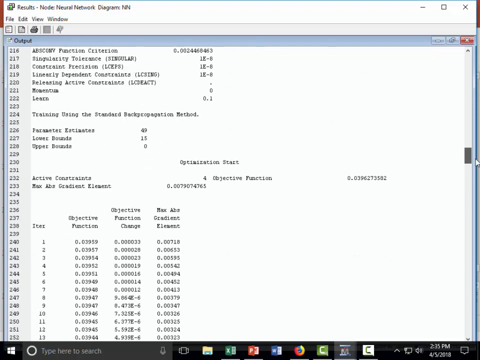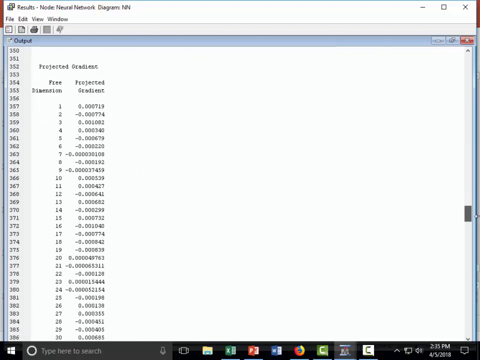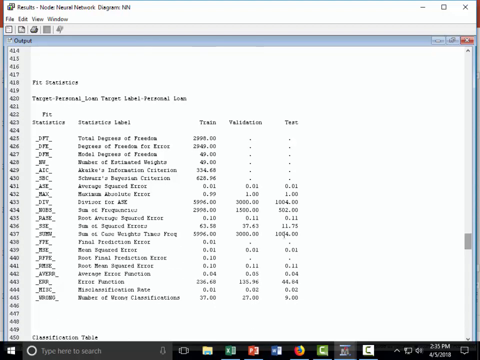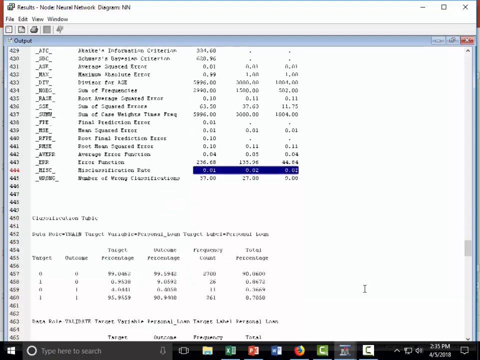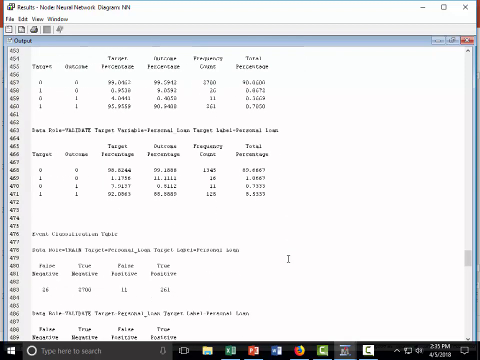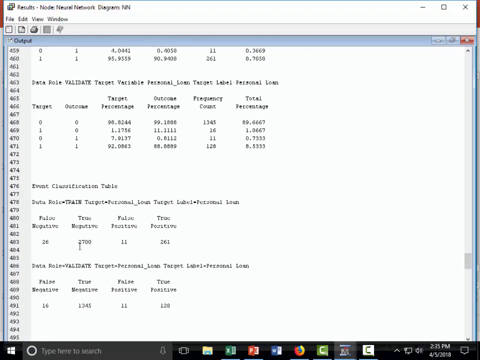And here are the parameters. Misclassification rate, right? So it's very good, and that's usually the case. Neural network will probably give you very good results compared to other methodologies. And we have the validate percentage, and here is our classification matrix.